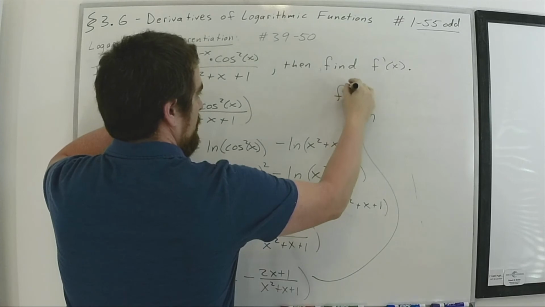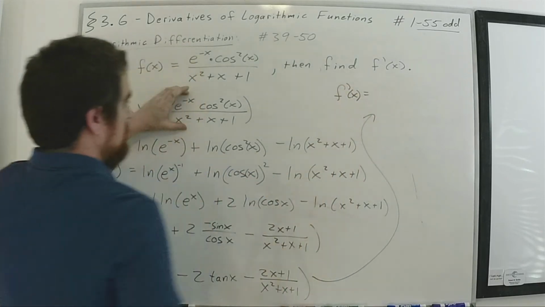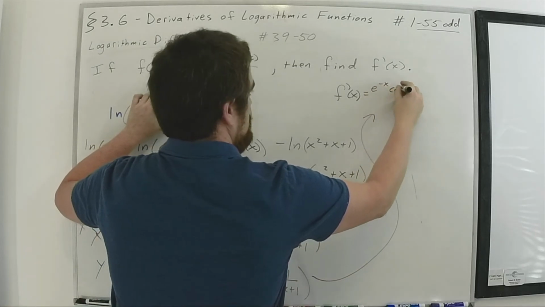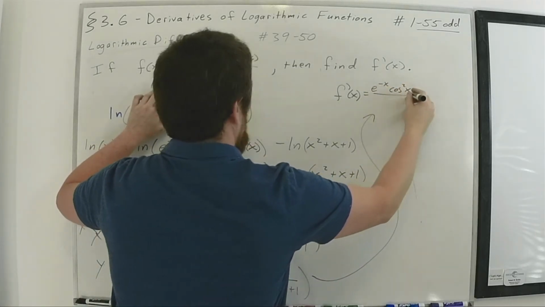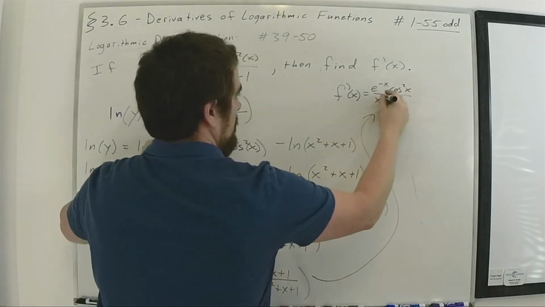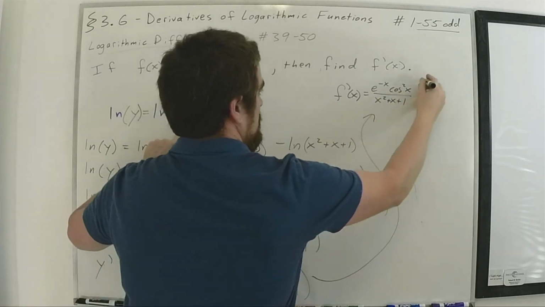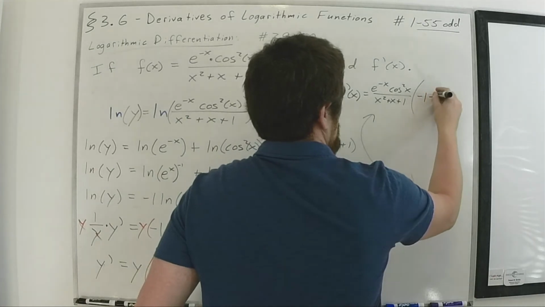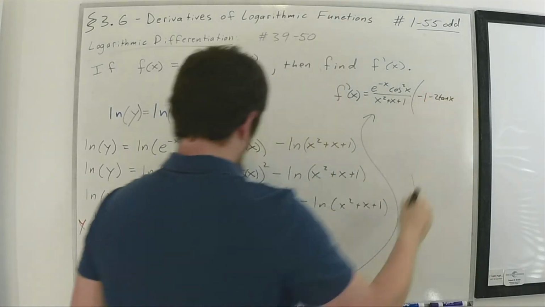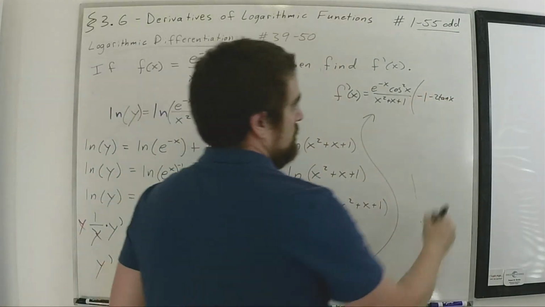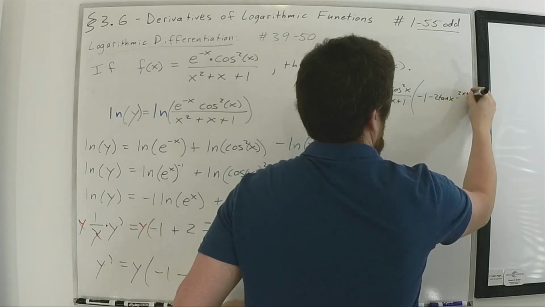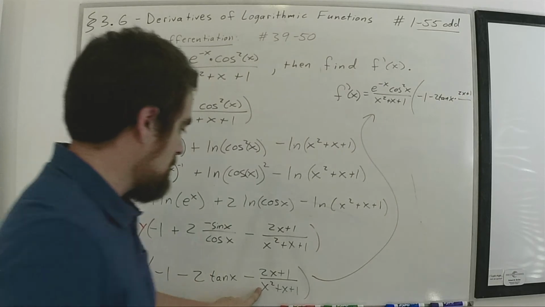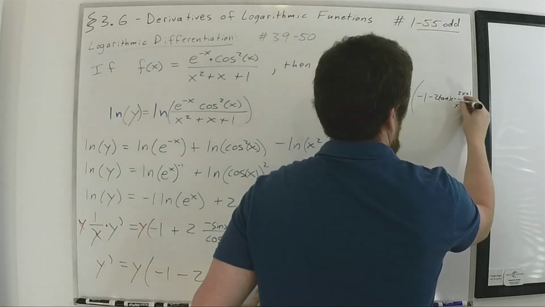So f prime of x is going to be equal to e to the negative x times cosine squared of x over x squared plus x plus 1 times negative 1 minus 2 tangent x minus 2x plus 1 over, oh, that's going to be a really tight squeeze there, x squared plus x plus 1.